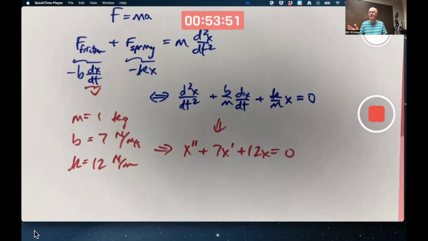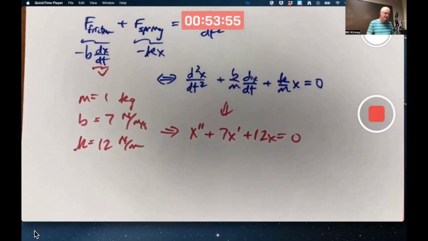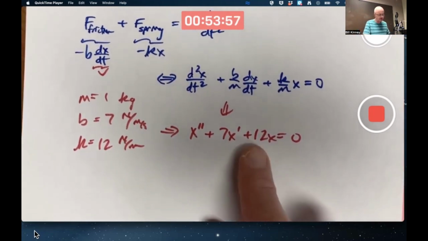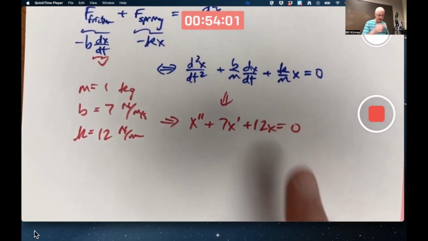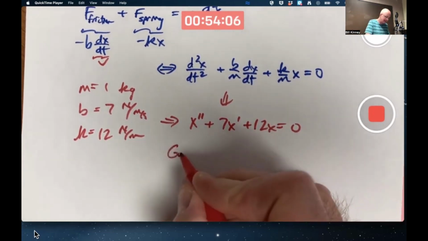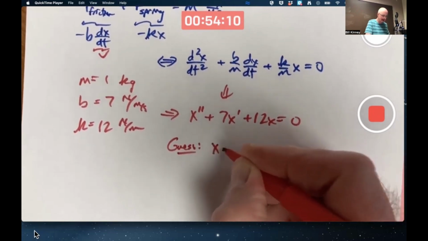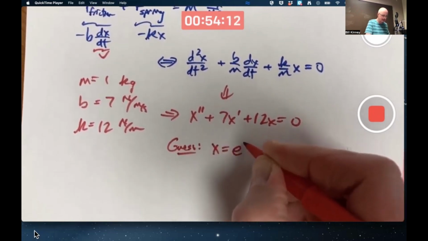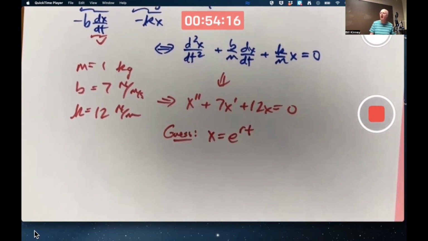In general, when you have an equation like this, a second order scalar differential equation with constant coefficients and no external forcing, which is what the 0 represents, it's best to guess, maybe somewhat counterintuitively, an exponential function, say x equals e to the rt for some unknown constant r.